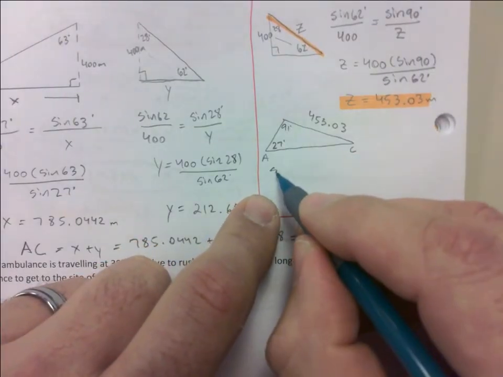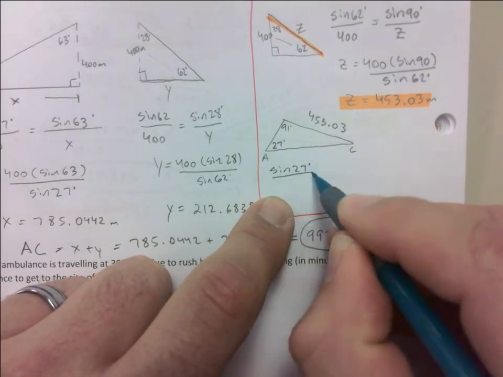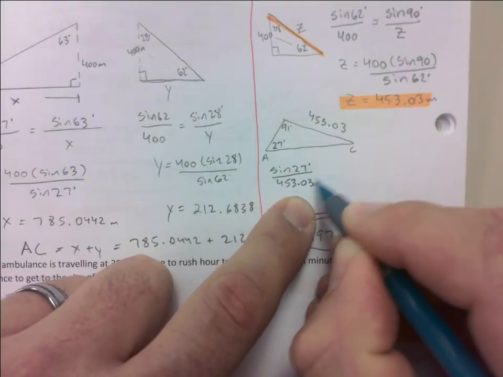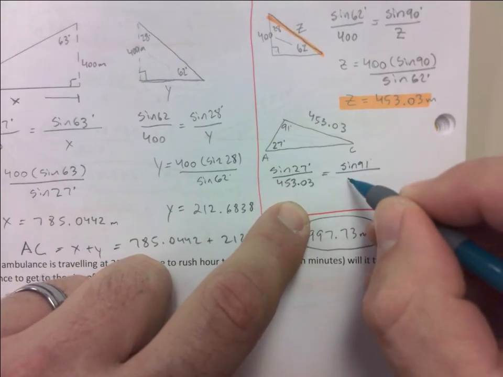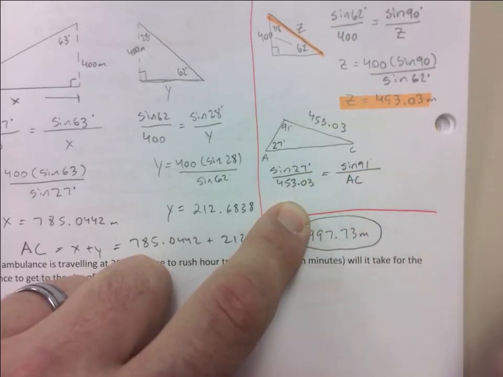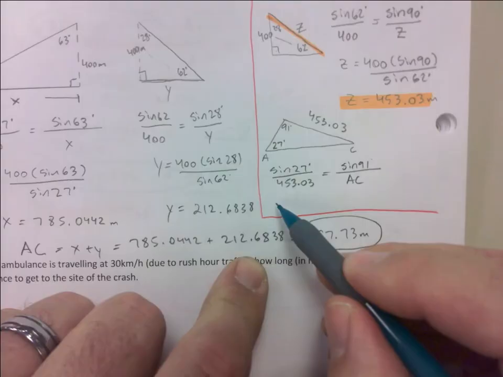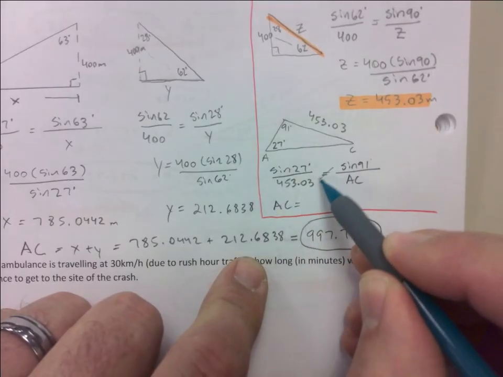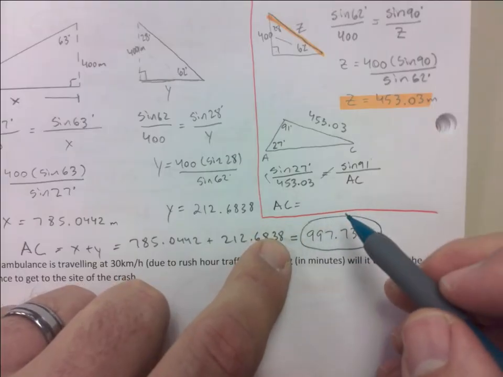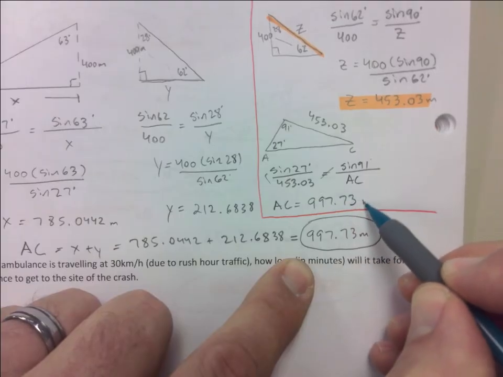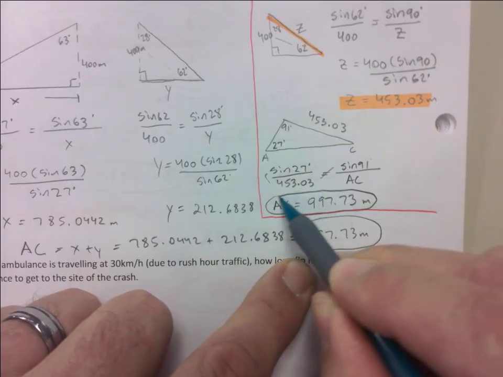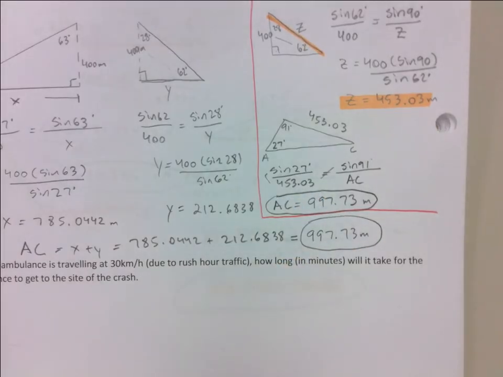So it's basically sine of 27 over 453.03 equals sine of 91 over AC. AC is cross multiplying and dividing. I'll just tell you that you get the same answer. So regardless of which method you use, just be careful, do not mix up triangles when you're working with them.